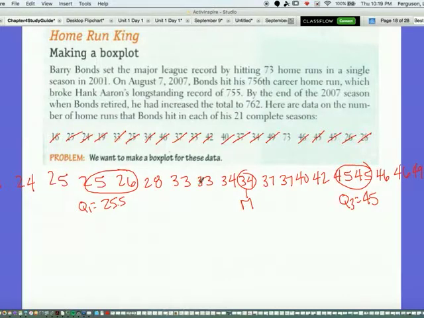So I need to also see if I have any outliers. To check my outliers, I know that I've got to find my IQR. I'm going to find my IQR by saying 45, which is Q3, minus 25.5, which is Q1. If I do that, I get 19.5.